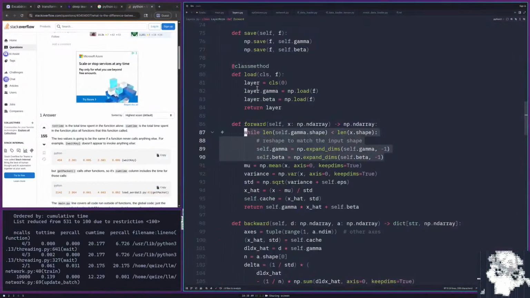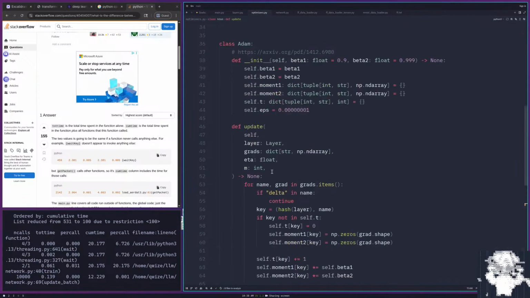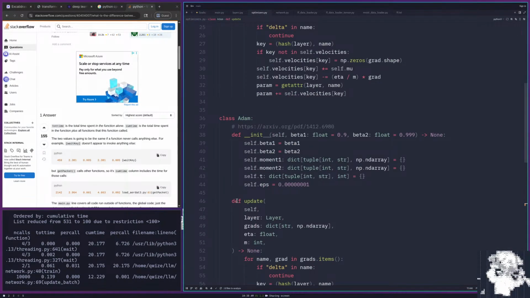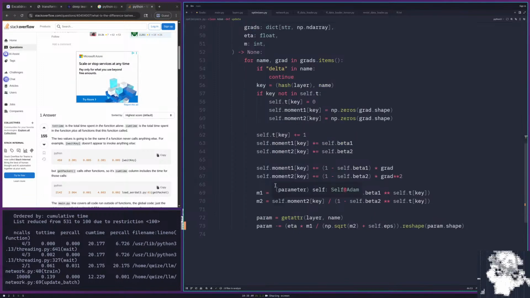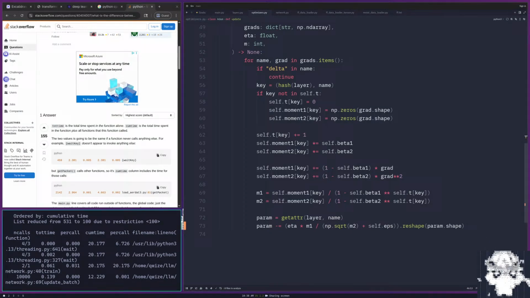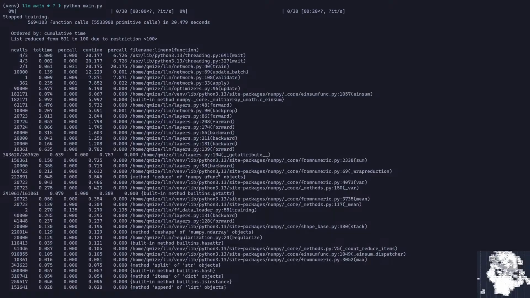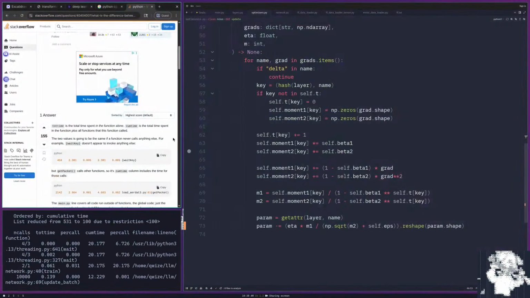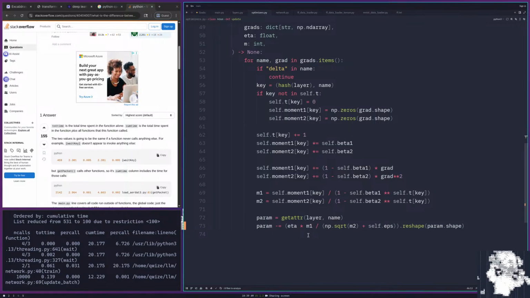Optimizers line 46, which is just update. This math is really slow. I don't know if I can do anything about that.